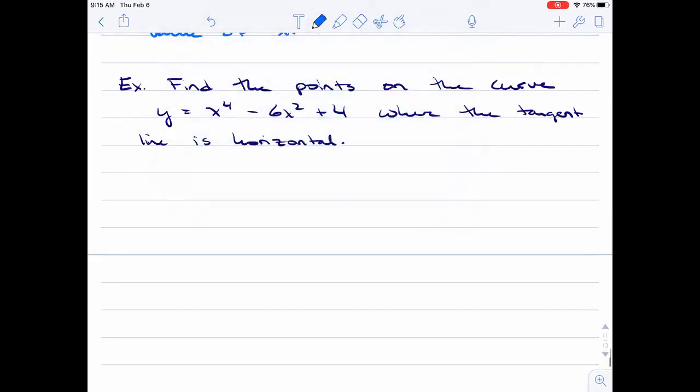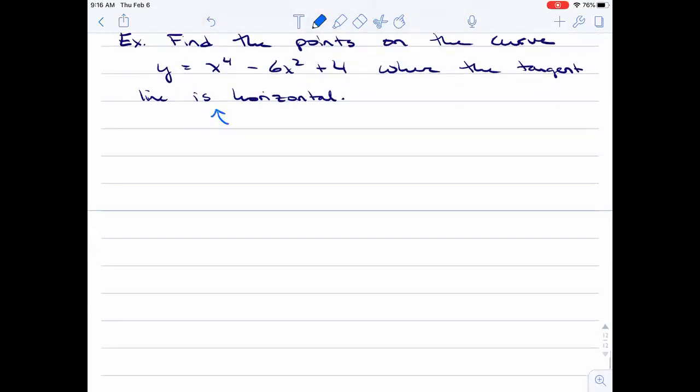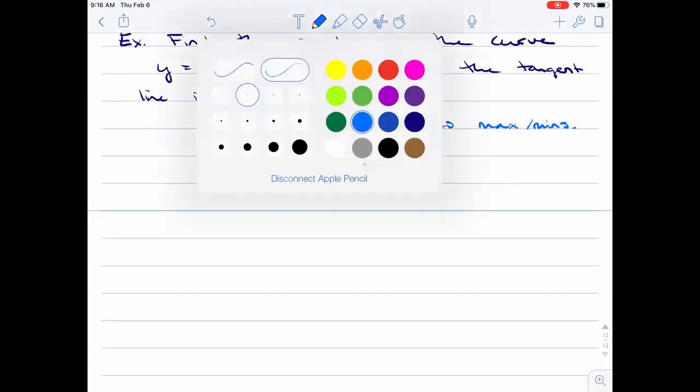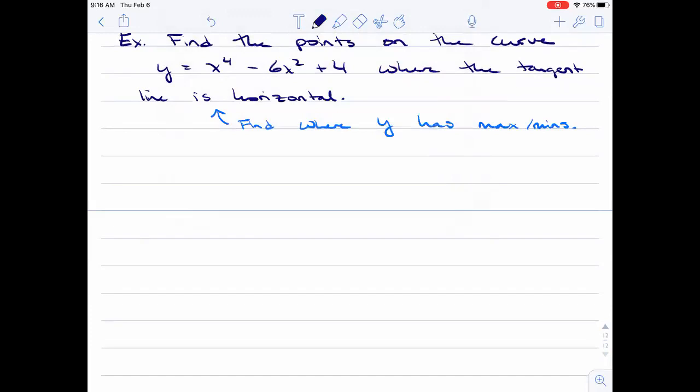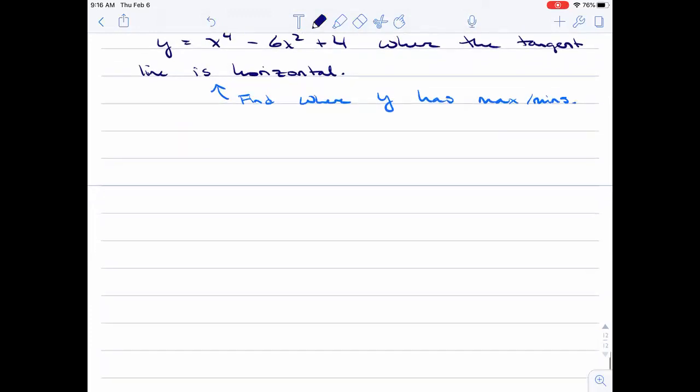What this is actually asking is find where y has maxes and mins. If we've got a horizontal tangent line, that's going to be a maximum or a minimum. We're not really sure.